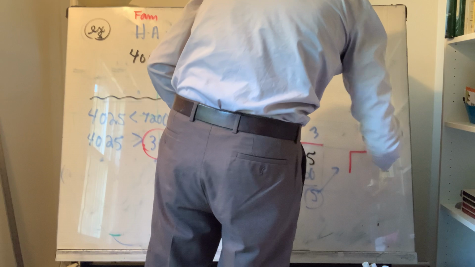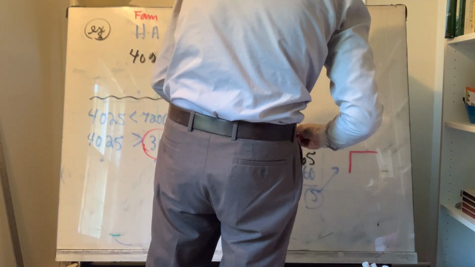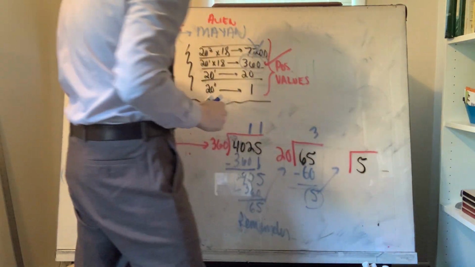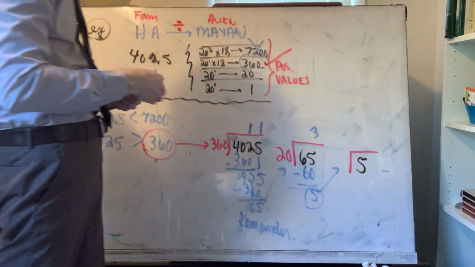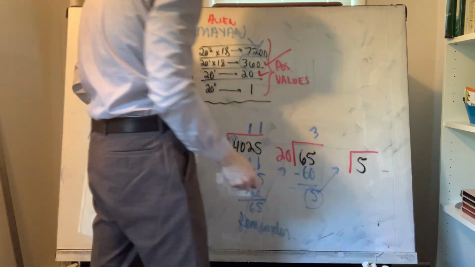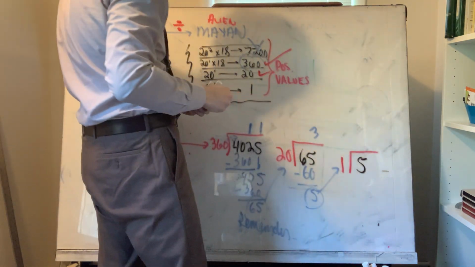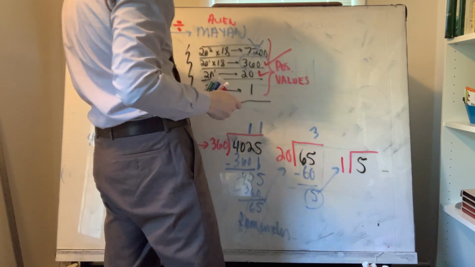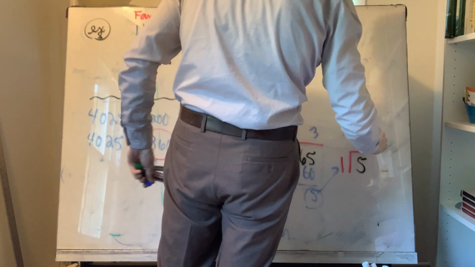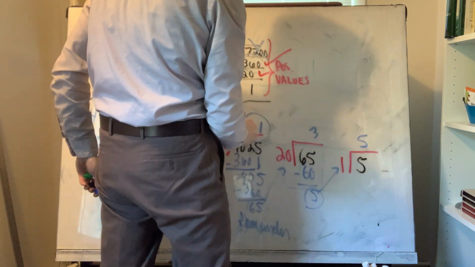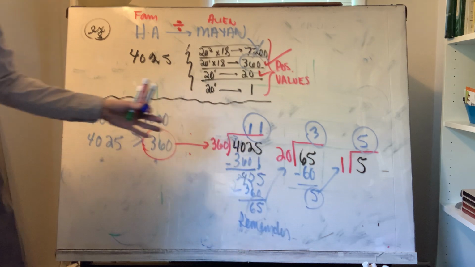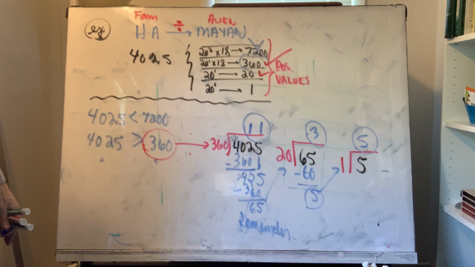Now we have a 5 as the dividend, and we have used the 20 here, so we're going to go to the next one, which is dividing by 1. That's super easy. How many 1s can you fit into 5? Exactly 5. It is these quotients that we have here that we're going to translate into the system.